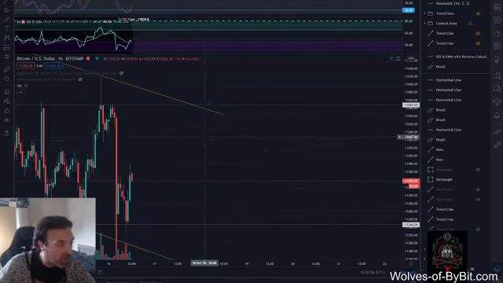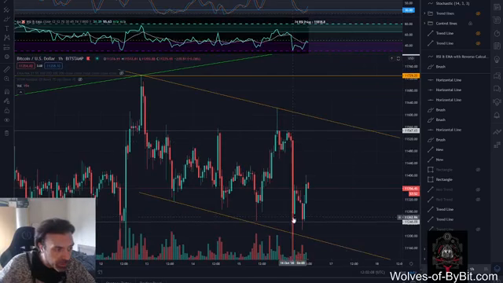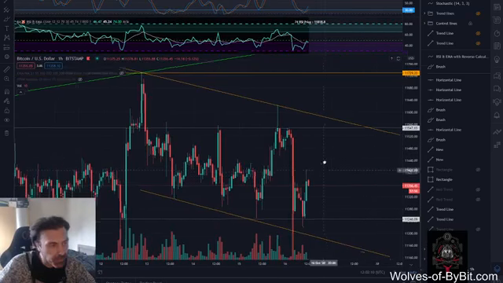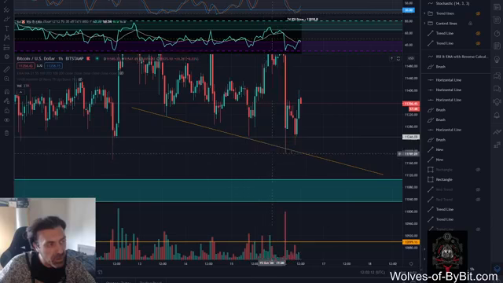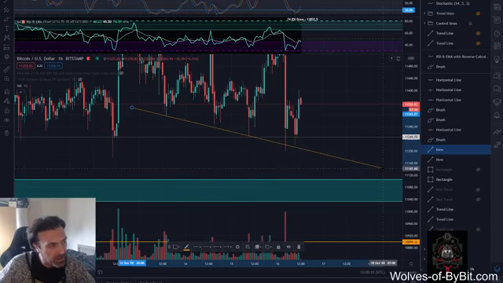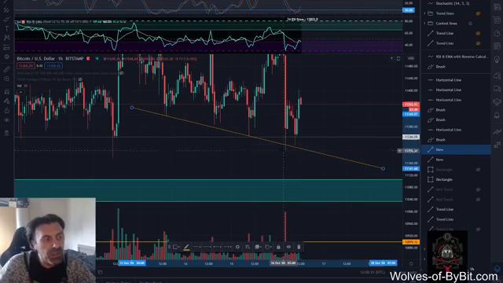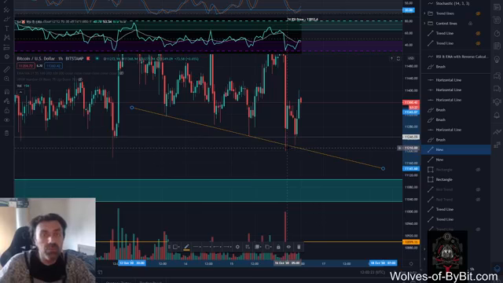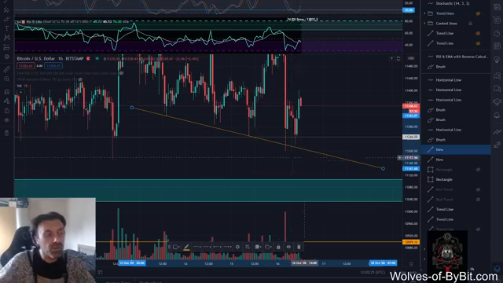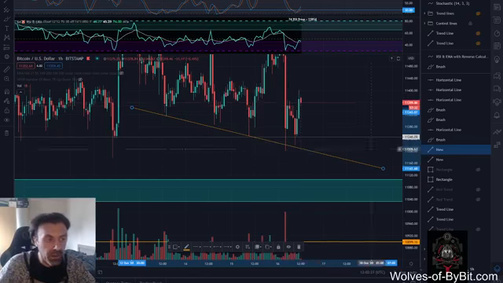Here on this low, we did pierce a little bit through because I had it drawn like this. Does this mean it's going to break? Possible. It could be. So what about this line? Keep an eye on it.